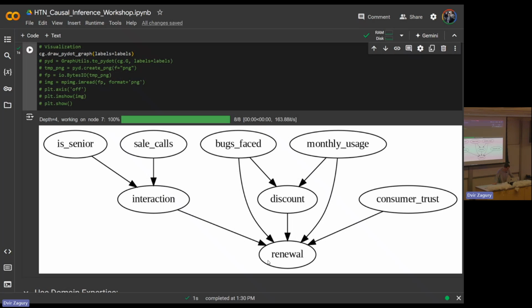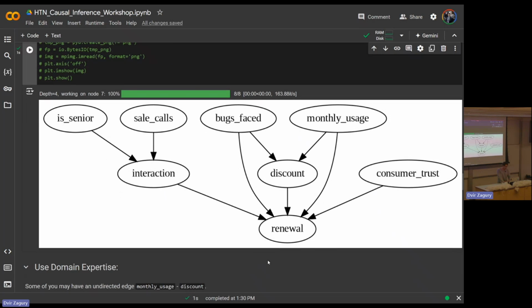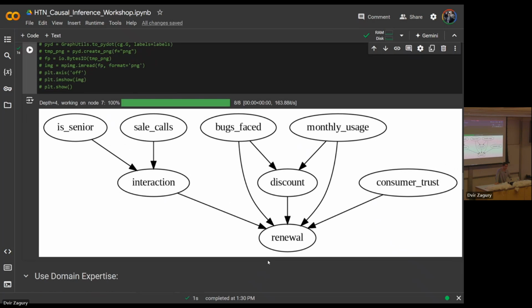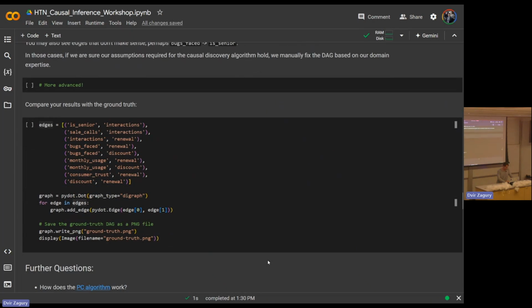This is what the PC algorithm gives us. And so if you see something that doesn't make sense to you, you can directly fix that graph manually. Or if we didn't have an arrow on one of those edges, then you would want to add an arrow because it couldn't find out the causal direction. And so there's a lot of ways to do that.